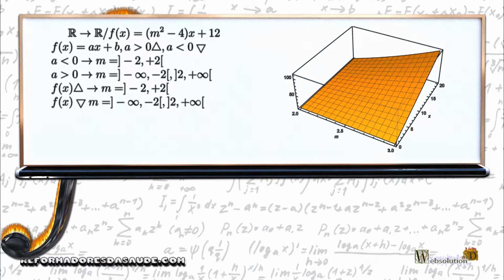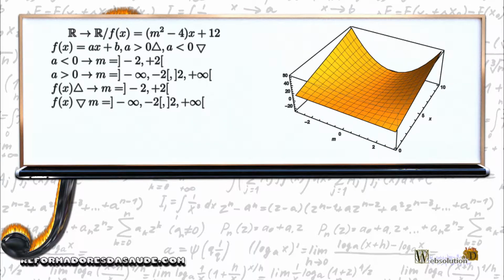Well, we have that the function is decreasing in the interval of m between minus 2 and 2, but in the intervals of m from negative infinity to minus 2 and from 2 to positive infinity, the value of the function is growing. See the image.